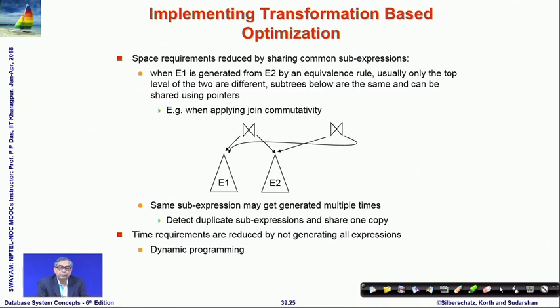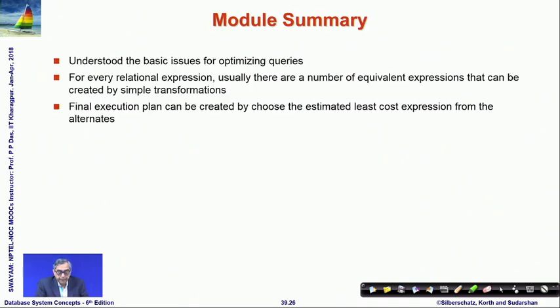We would not be able to cover that in the current course, but just know that this explosion of generating alternates and choosing the best one is usually handled with dynamic programming, a strategy to make sure that if we have solved a sub problem earlier, then I do not need to solve that sub problem again. We can just reuse the earlier result and go ahead with that. This way, for common sub expressions, we find the best plan only once and then use it subsequently again.